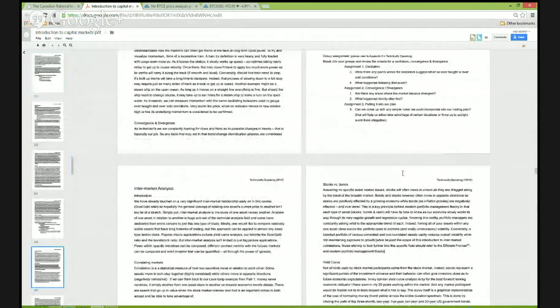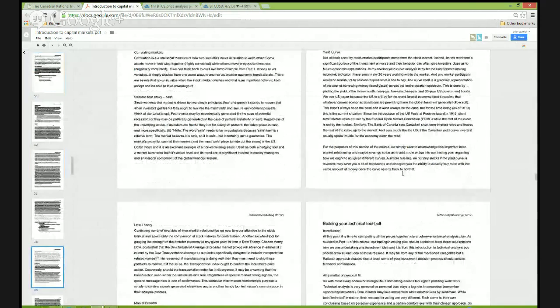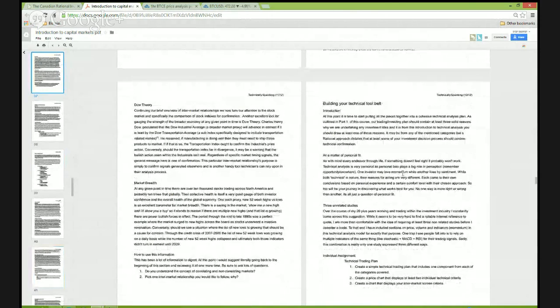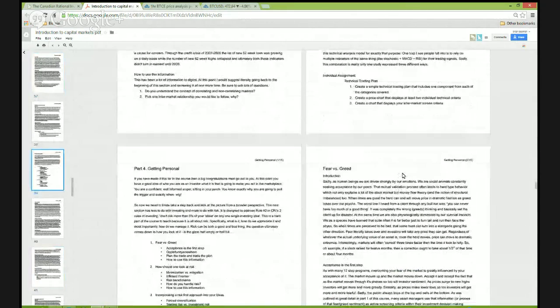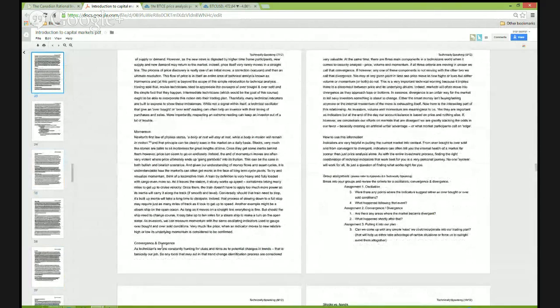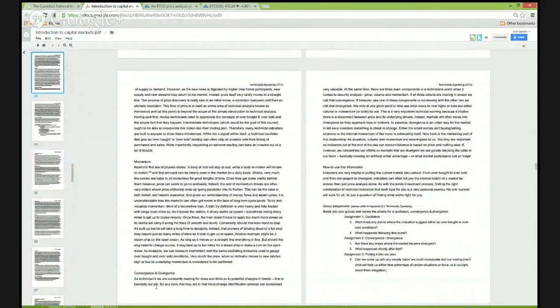So divergence is our real key here. You can read a little bit about the concept of convergence and divergence here in the course, as well as in the footnotes, where there are several examples.